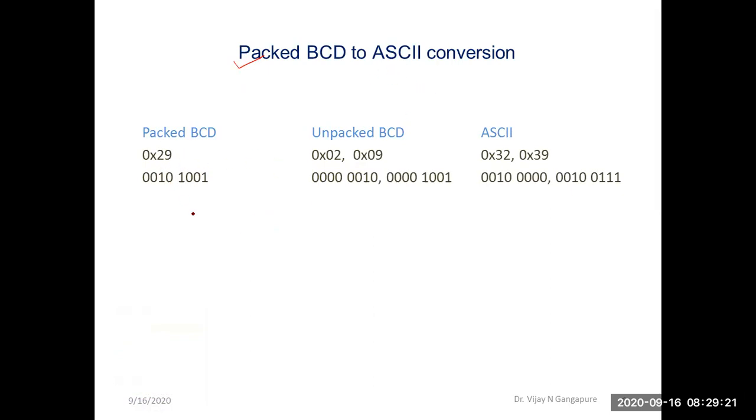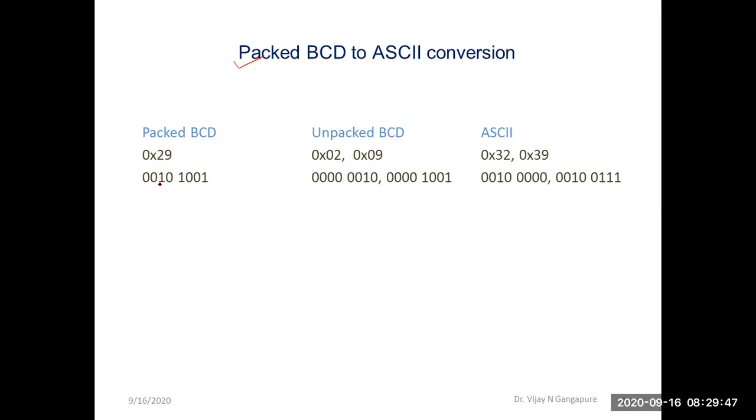See here, this is a packed BCD number, that is 29. If we unpack it, meaning convert it to unpacked BCD, then the two BCD numbers in the 8 bits are separated, the first being 0010. So this is the hex number representation.